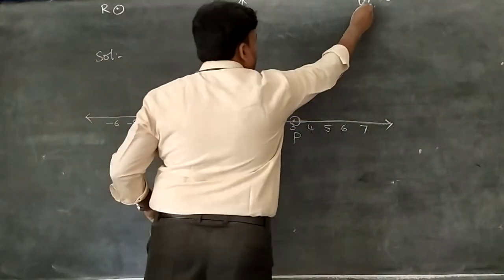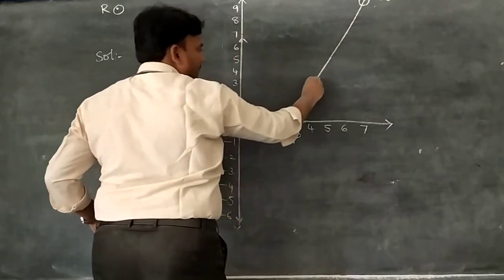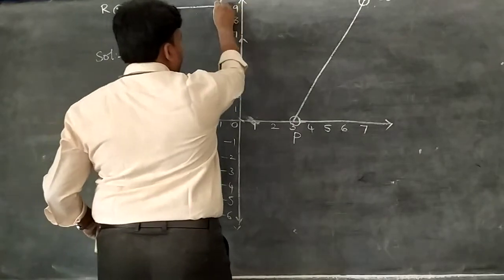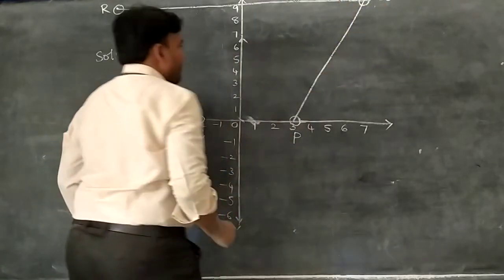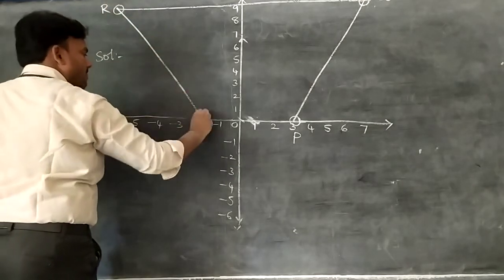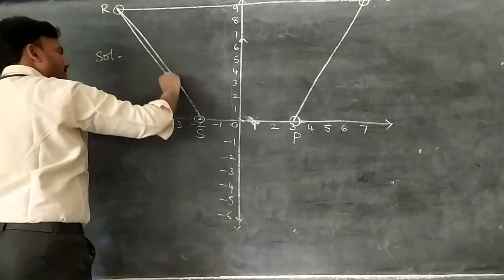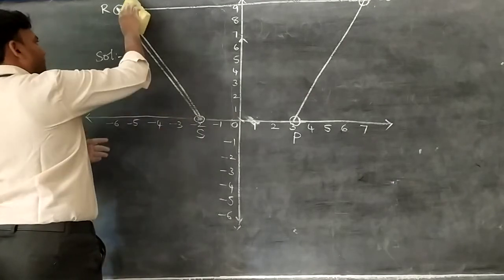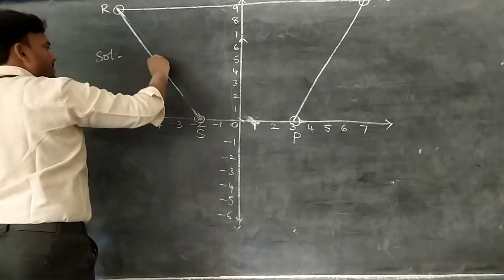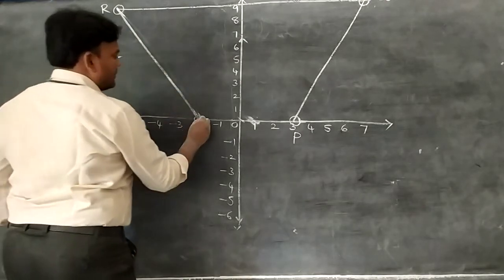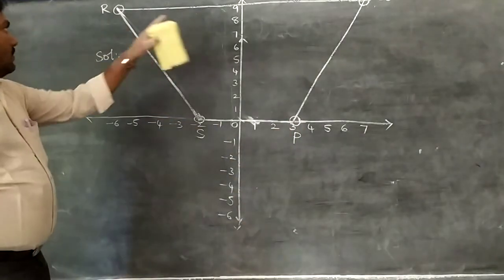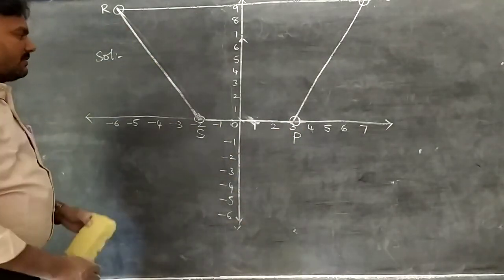Join P and Q, Q and R, and join them also. So PQRS is a trapezium.